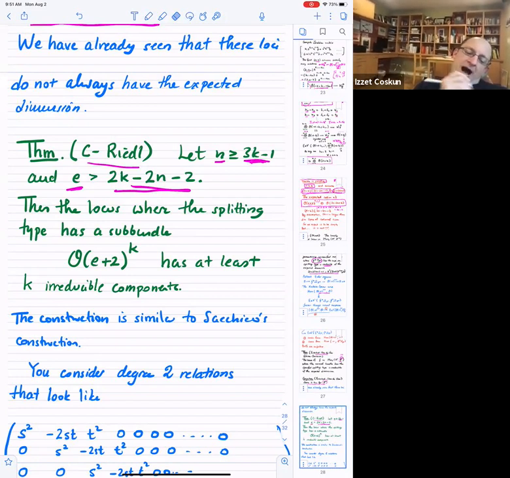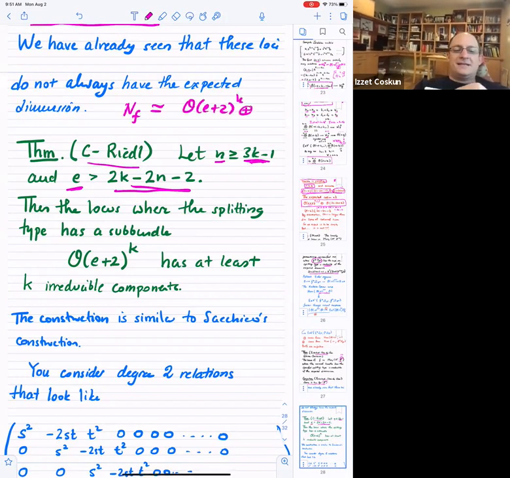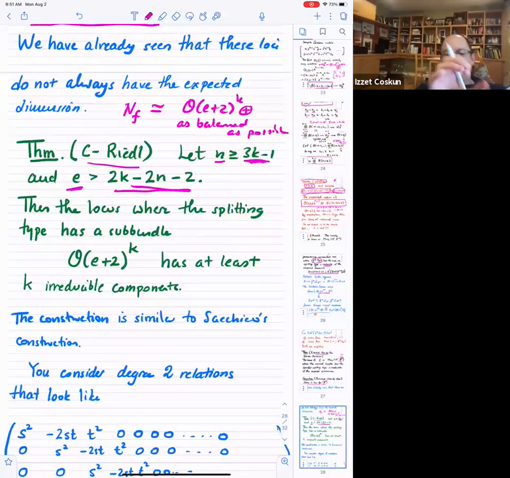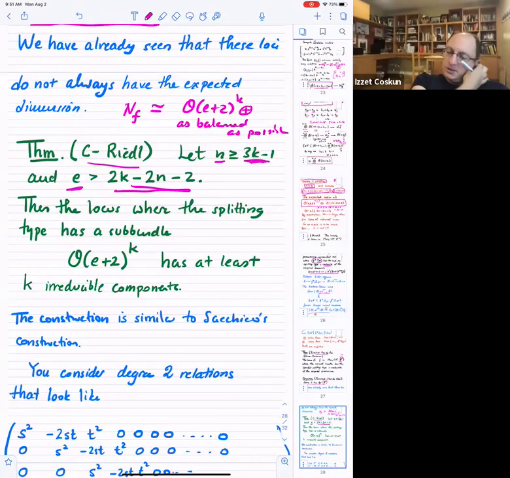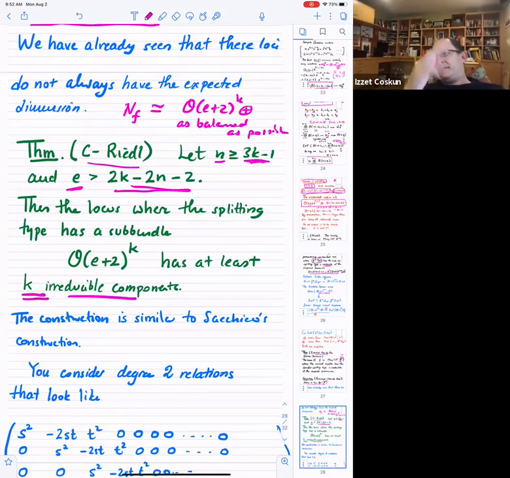Then I can look at where the splitting type of the normal bundle has k copies of e plus 2, and the rest is as balanced as possible. In other words, you find the remaining degree and the remaining rank and you divide it and make them as equal as possible. Then the statement is that that locus has at least k irreducible components, and they are typically of different dimensions.